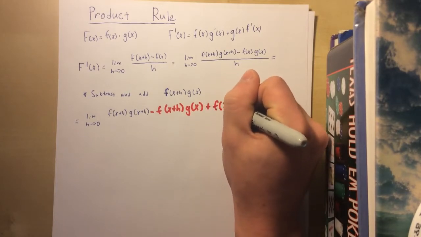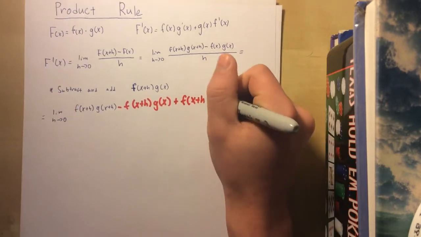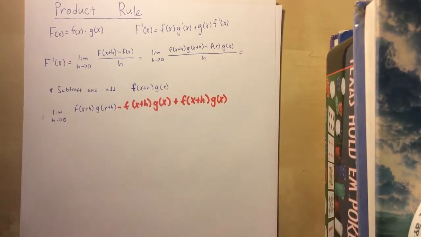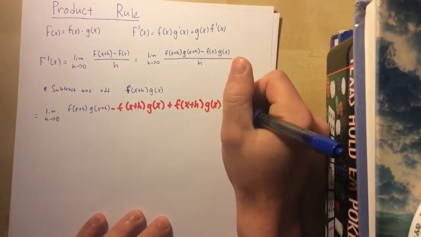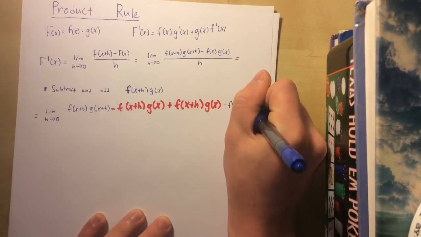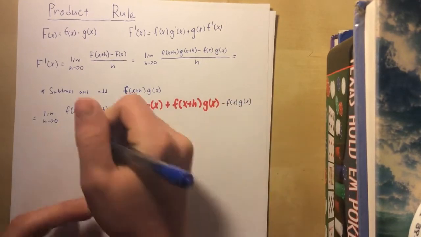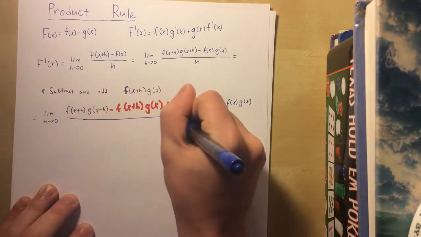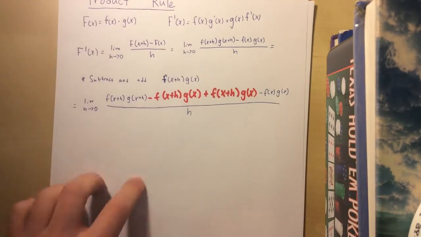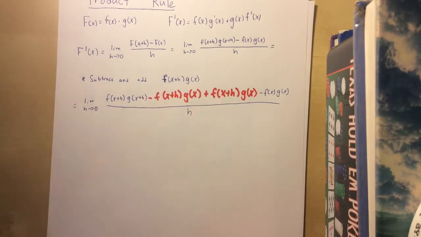Because we're adding and subtracting this term, it doesn't really change the value, so we're allowed to do that. And then I'm going to finish that off with the rest of our original expression, all over h.